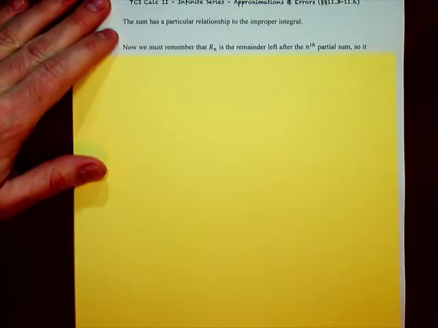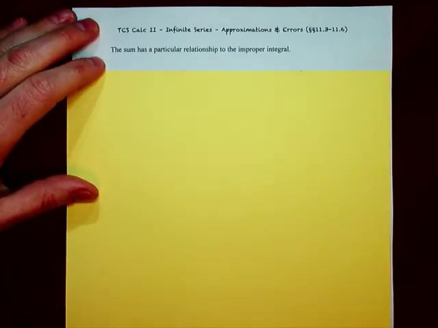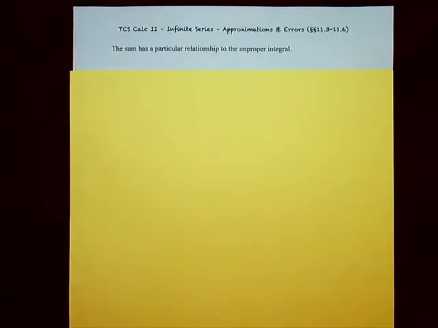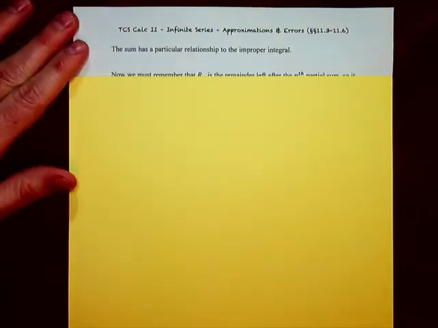Now, the sum has a particular relationship to the improper integral. We recognized that when we actually did the integral test. Well, that relationship is still there and actually impacts how we wind up calculating the error, okay? And here is how the relationship works.